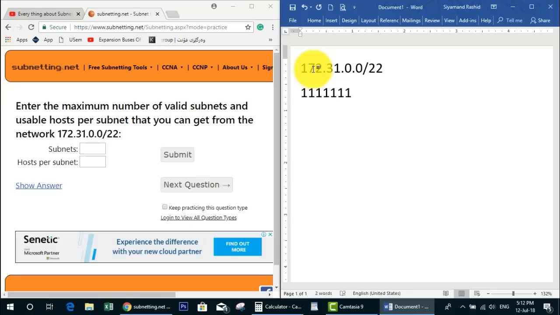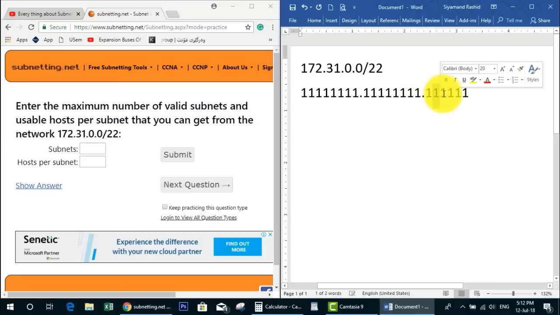16, this is 20, 21, 22. This is 2 zeros left.